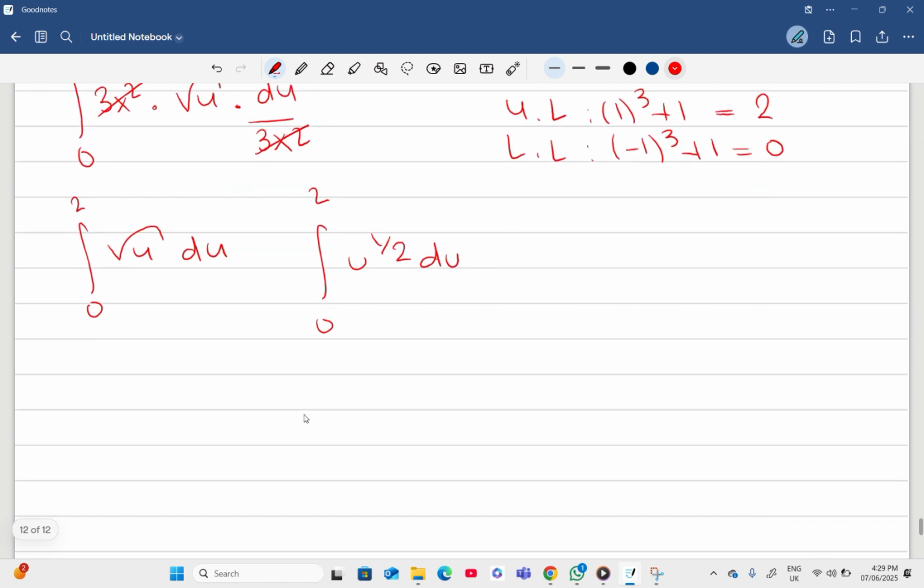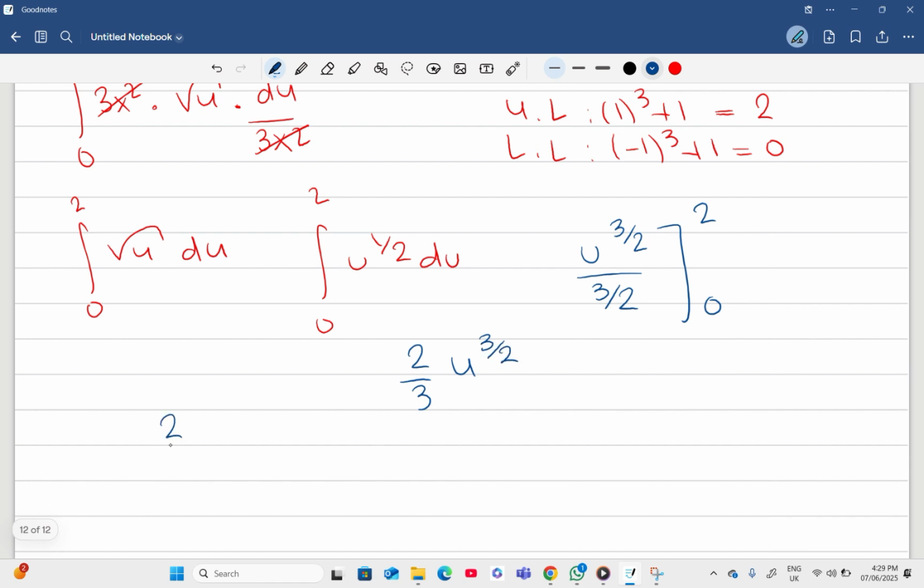Now let me find my integration. I'm going to get u to the power of 3 over 2 divided by 3 over 2. Now there is no plus c because I have my limits, so from 2 to 0. 1 divided by 3 over 2, like we said before, is 2 over 3, u to the power of 3 over 2.